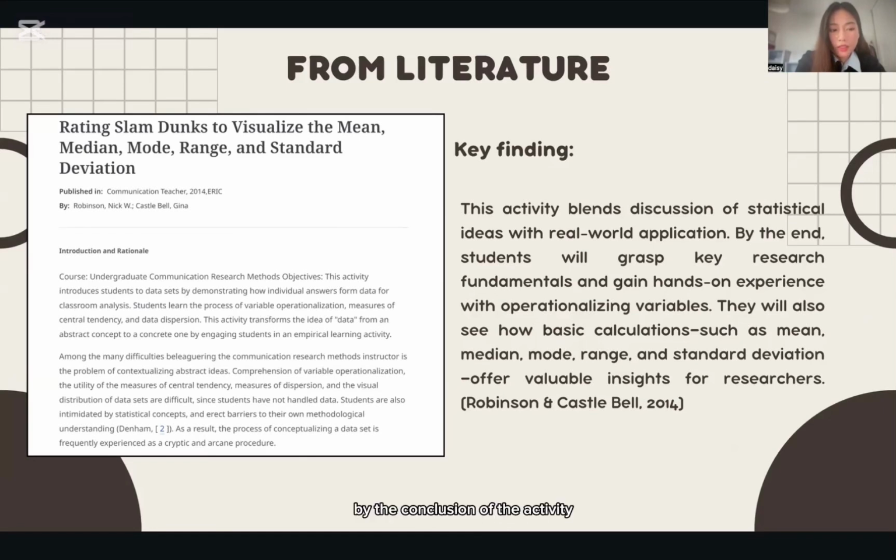By the conclusion of the activity, students not only understand the essential research principles, but also develop practical skills in operationalizing the variables. They gain direct experience calculating and interpreting these measurements, such as the mean, the median, the mode, and the range or the standard deviation. These foundational tools help students to recognize patterns in data and understand how such calculations can lead to insightful conclusions in real-world research contexts.